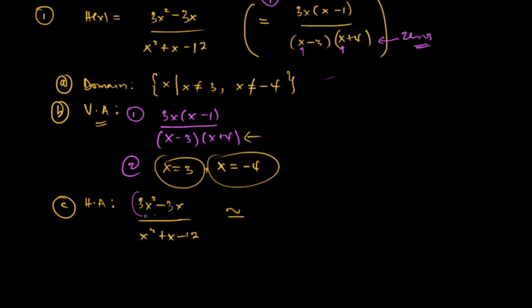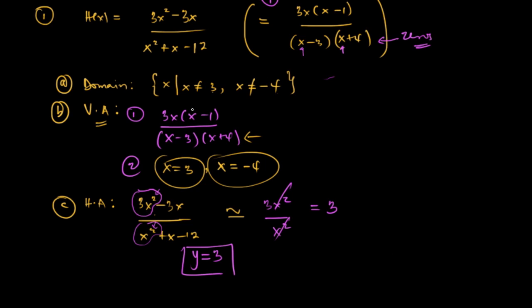The leading term is just the term that has the highest degree, and the degree here is 2. So to approximate this, we have 3x squared divided by x squared. When the x squared cancels out, what we obtain is 3. This is a constant function, so even as x tends to infinity, there is no x here, so it's still going to be 3. So the horizontal asymptote is y equals 3.